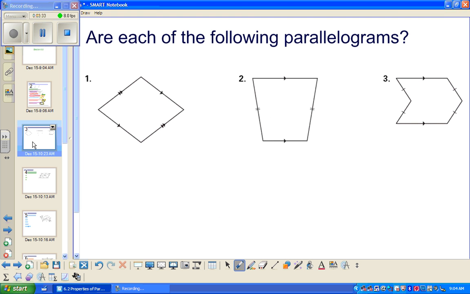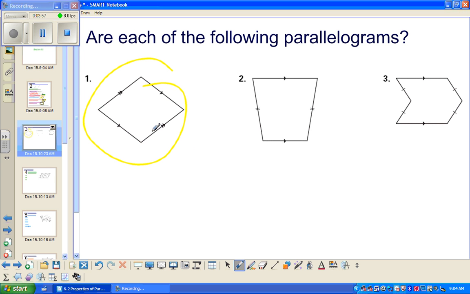So then you can pause here and ask yourself, are each of the following parallelograms? Why don't you pause and answer those together. So you should have answered yes on the first one. This is a parallelogram because opposite sides are parallel.